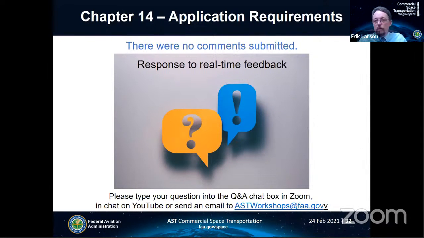NASA, of course, has done some definite work on this topic. So I don't think that at this point AST is going to be ready to publish guidelines particularly on that topic. The total casualty area, the basic casualty area that we're working on adding to the advisory circular in terms of those guidelines, is intended to be for ground impact.